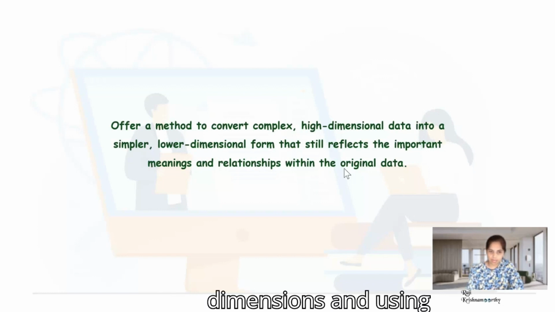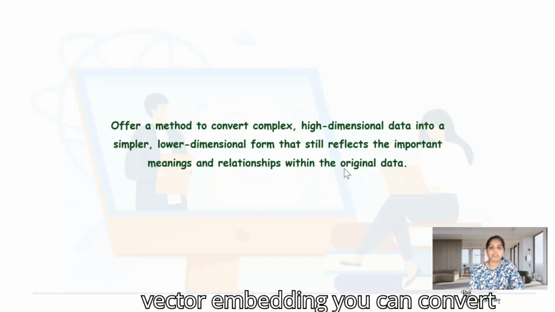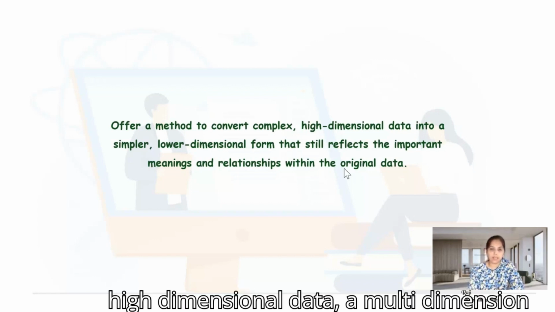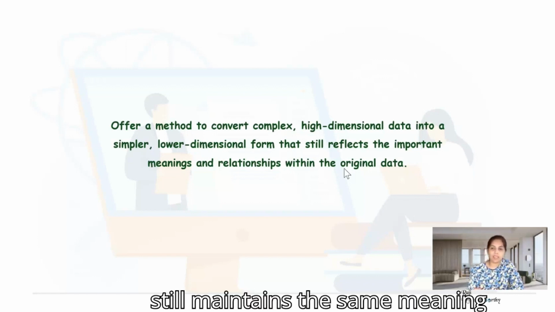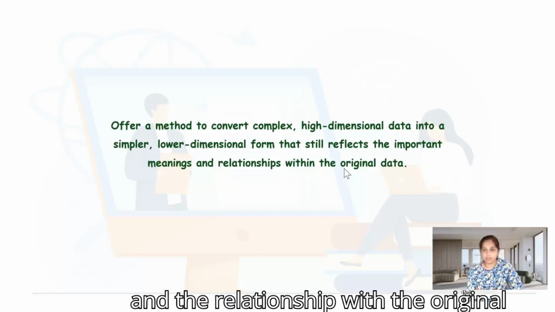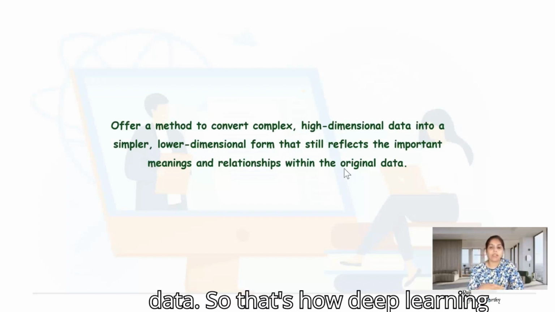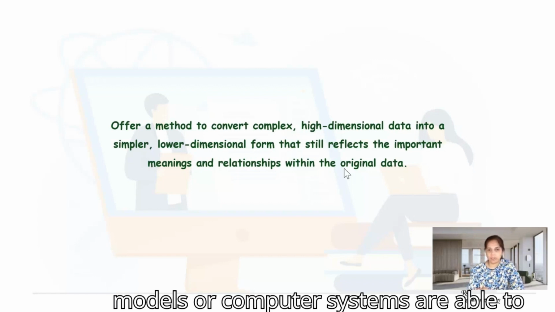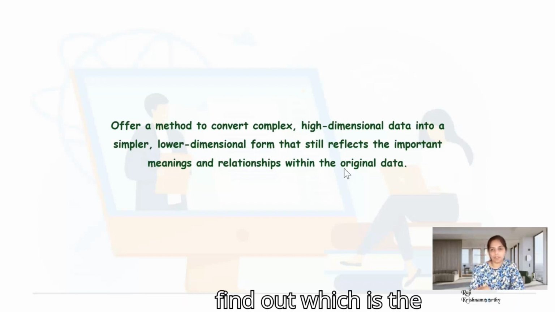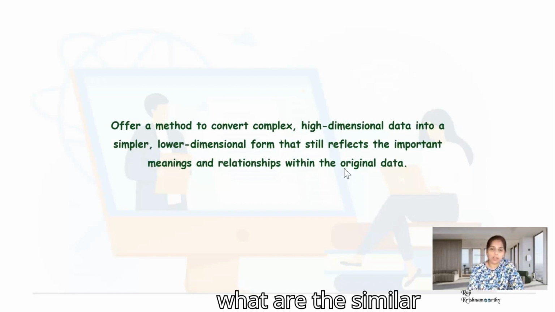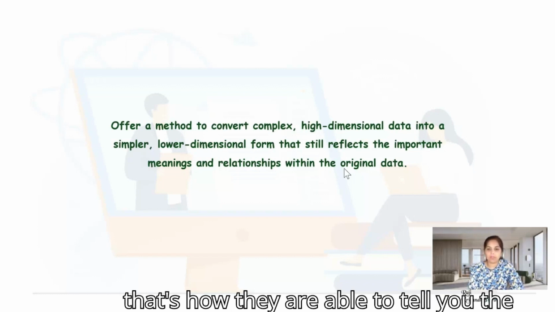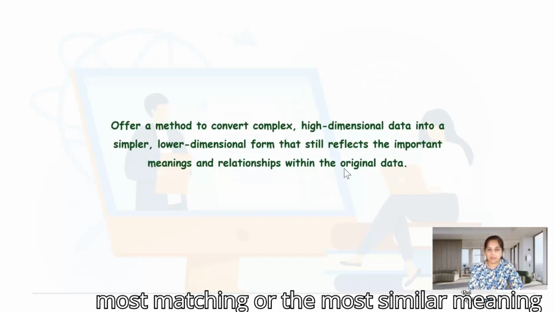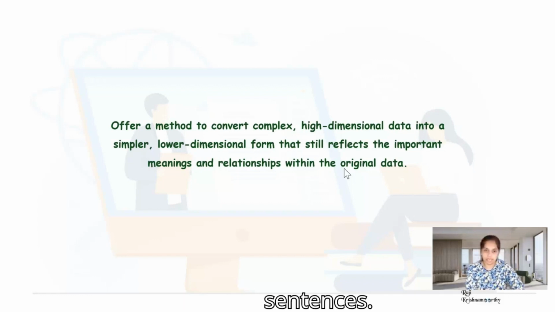And using vector embedding, you can convert high dimensional data, multi-dimension, into a lower dimension that still maintains the same meaning and the relationship with the original data. So that's how deep learning models or computer systems are able to find out what is similar data, and they group them together, and that's how they are able to tell you the most similar meaning sentences.